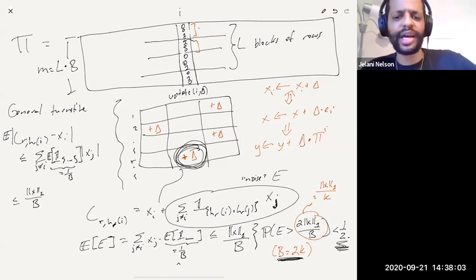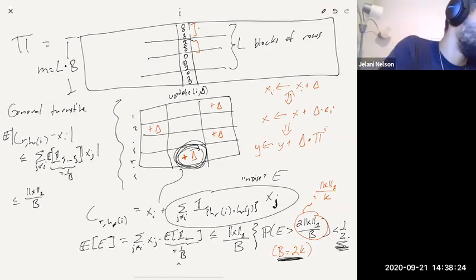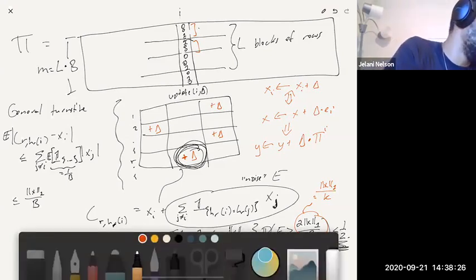But in general turnstile, the min is not such a great idea, because I might wildly underestimate the value of x_i, because some of these x_j's are negative, and they can bring down the value of the counter below what x_i was.